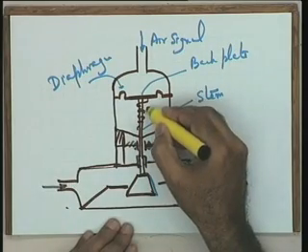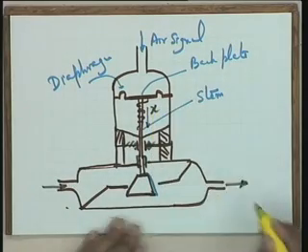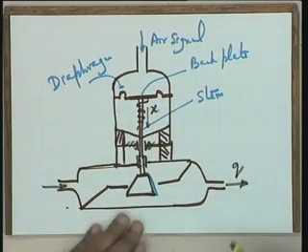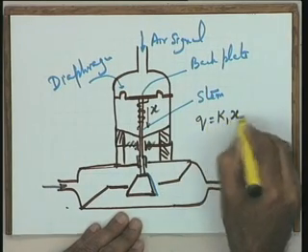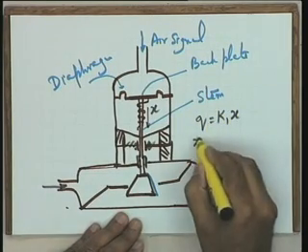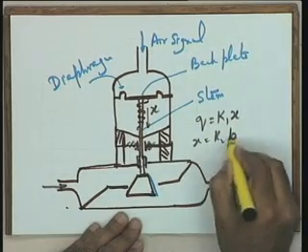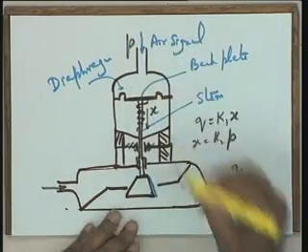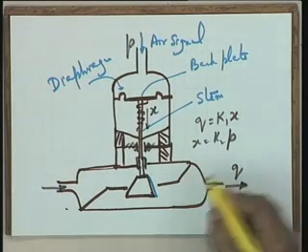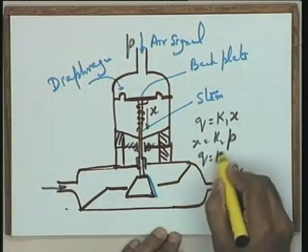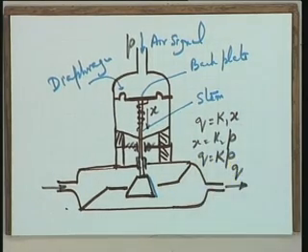If the stem position is given by x and the flow is given by q, then q is equal to k1 into x, and x is equal to k2 into p, where p is the perturbation in the air signal pressure. Therefore I can say that q is equal to some constant k into p. So this air signal pressure is directly controlling the flow q of the control valve.